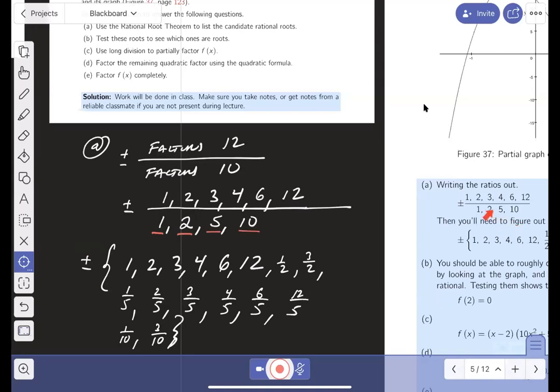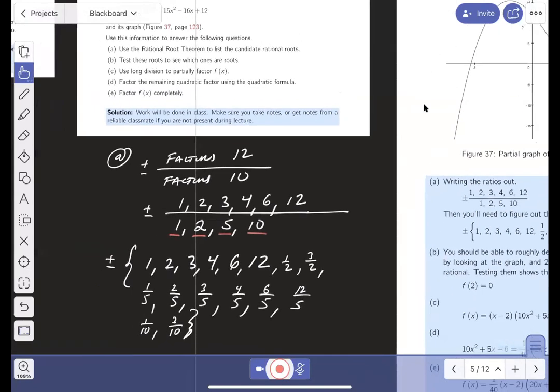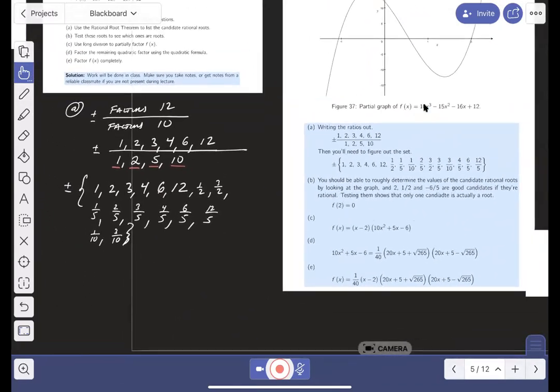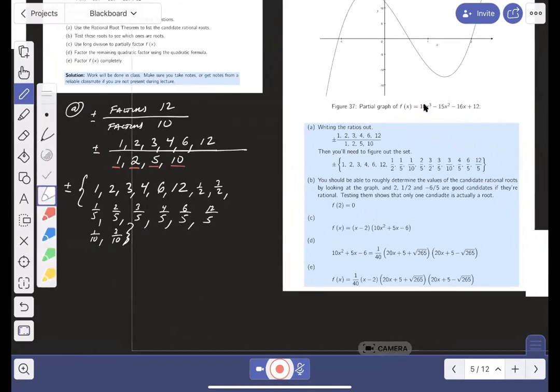All right, let me go back over here. And when I do that, I want to just simply say, I realize this is tedious, and I also think it's unproductive. All right, but I write them all down for you. And let me go through that for you. So let's see, we have plus or minus 1, 2, 3, 4, 6, and 12. Right. 1/2.